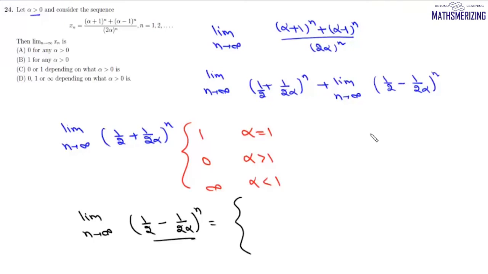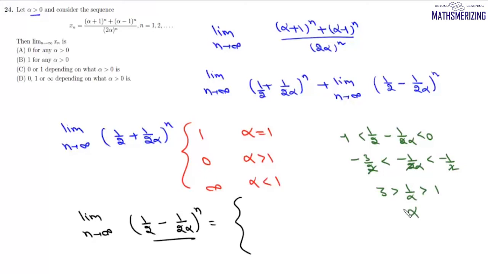Now if we take this first case, when 1 by 2 minus 1 by 2 alpha lies between minus 1 and 0, this value will be minus 3 by 2 less than minus 1 upon 2 alpha, and that will be less than minus 1 by 2. So 3 will be greater than 1 by alpha, and that will be greater than 1. And if we take the reciprocal, we'll get alpha greater than 1 by 3 but less than 1.